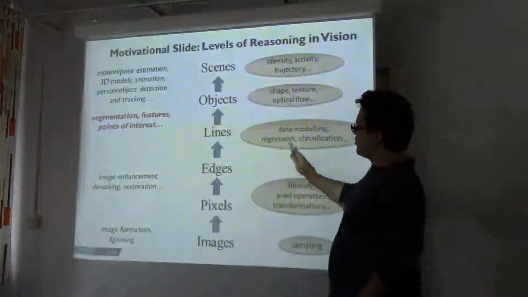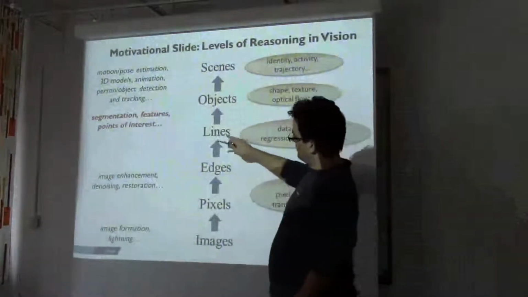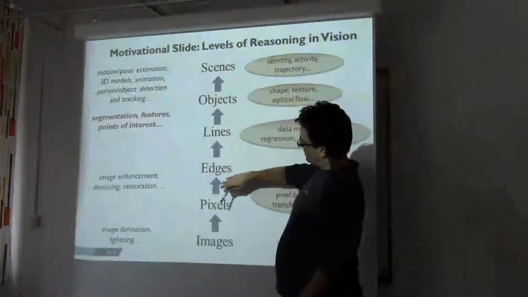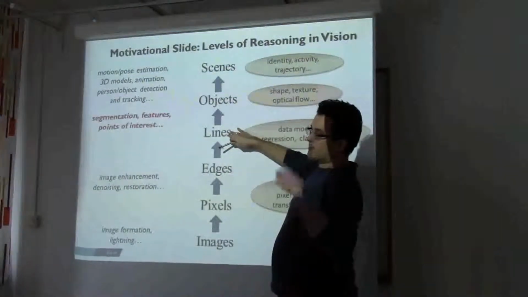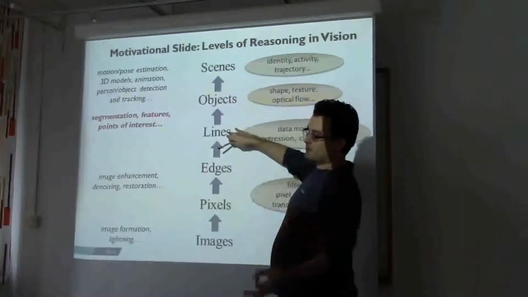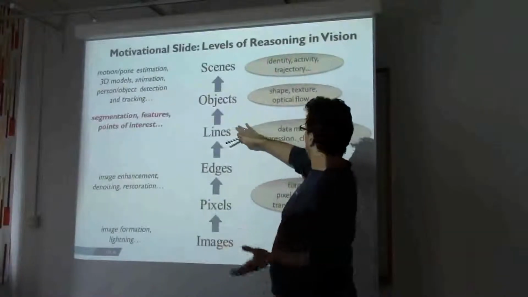And as we go up, we start to go from pixels and edges to more elaborate things like lines, circles, geometrical shapes, and so on.